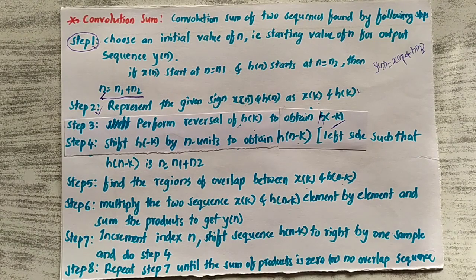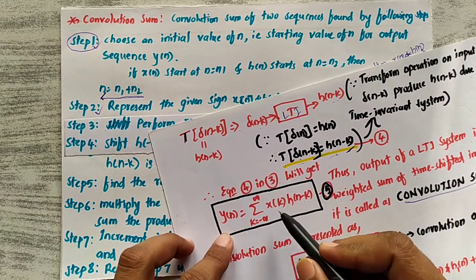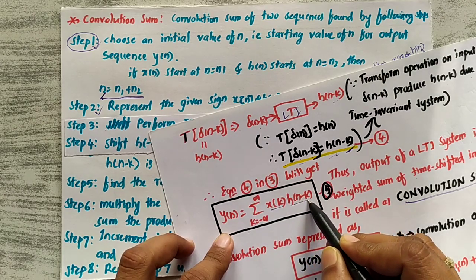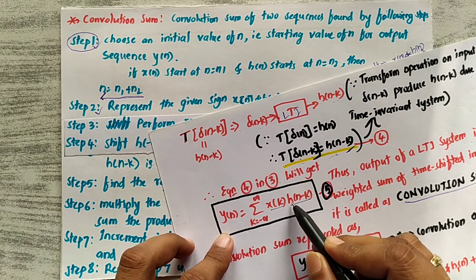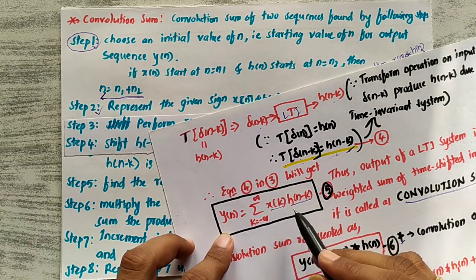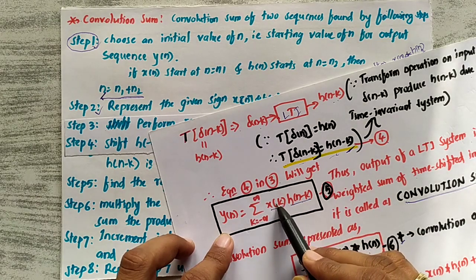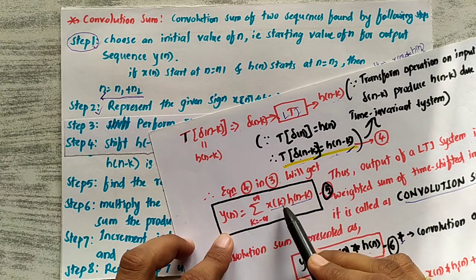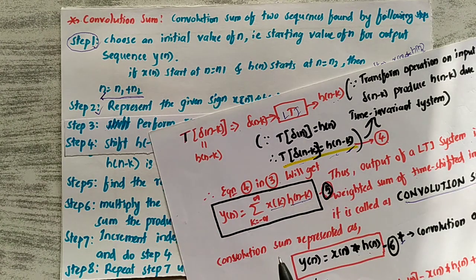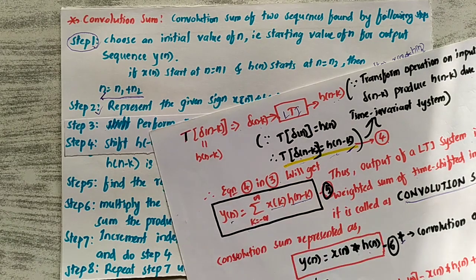If you look at the convolution sum formula, x of k is there, and now we will have the shifted h of minus k by n in it, which is nothing but h of n minus k. Now, how to find the overlaps? Simply multiply element by element the x of k and h of n minus k and sum them to get y of n.